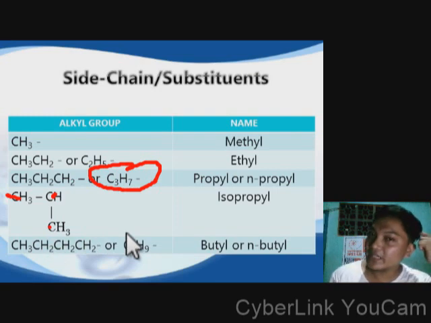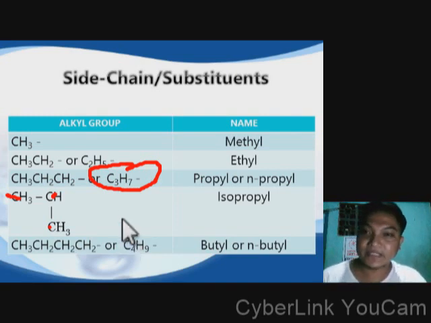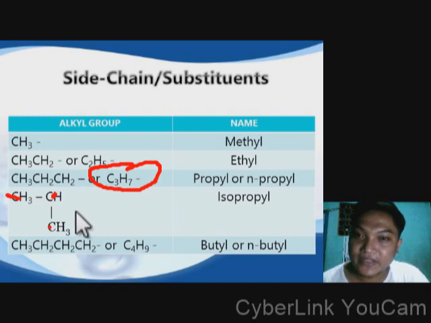How about the hydrogen, sir? Let's see if it is 7. In propyl, there are 7 hydrogens. Let's see in isopropyl if it is 7.